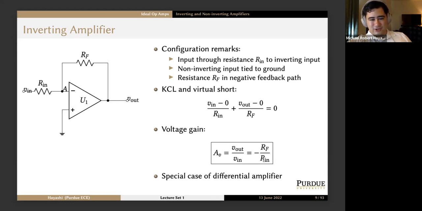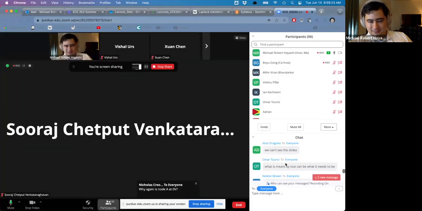Notice that if you were to choose your resistances carefully, say you make Rf smaller than Rn, instead of an inverting amplifier, it becomes an inverting attenuator. So you can end up with gains that are less than 1 in absolute value, which means attenuation.